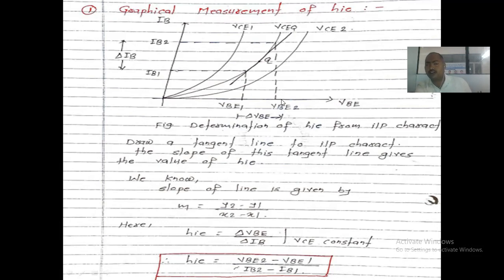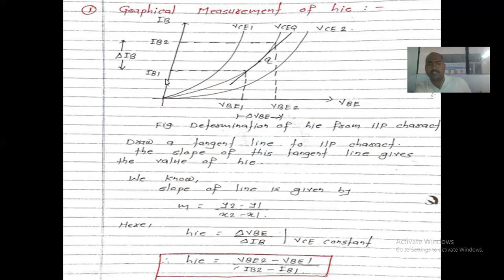One is the highest value, the other is the lowest value, and by subtracting highest minus lowest, we get the delta VB value. And another thing, divided by delta IB. IB is also found the same way, highest value minus lowest value.